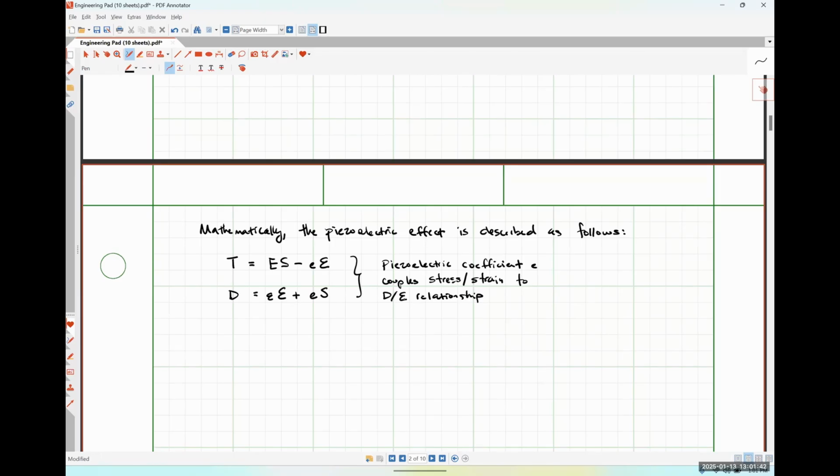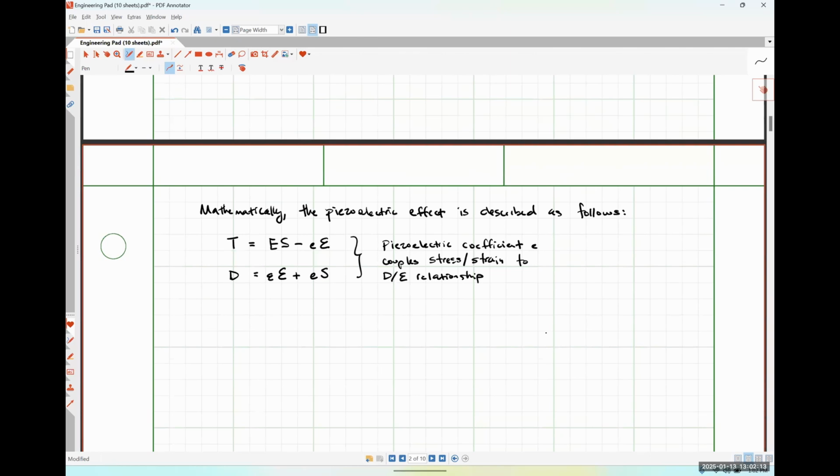But there's also that additional term of piezoelectric coefficient times strain added to that one. And then the stress relationship, T is equal to Young's modulus times strain. Now we have an additional piezoelectric term, E, and then electric field, okay? So that piezoelectricity effectively couples the relationship between electric field and displacement field, stress, and strain.